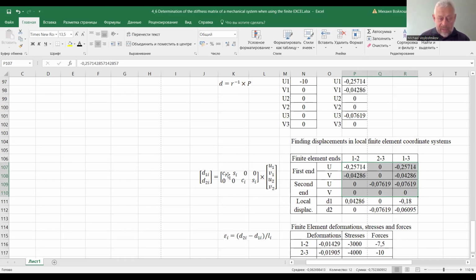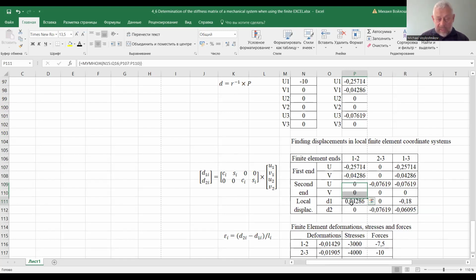By the product of the cosine matrix of each finite element and the vector of the displacements of the ends in the global coordinate system of each finite element, we can find the first end of the finite element displacement in the global coordinate system, then the second end of the finite element, between the ends 1 and 2, this first finite element.